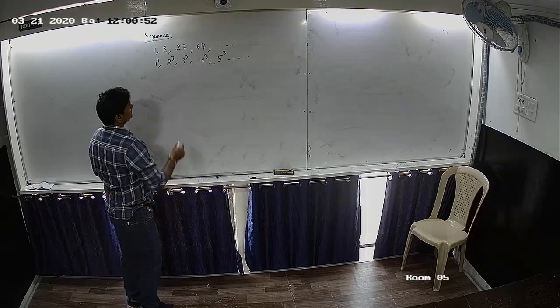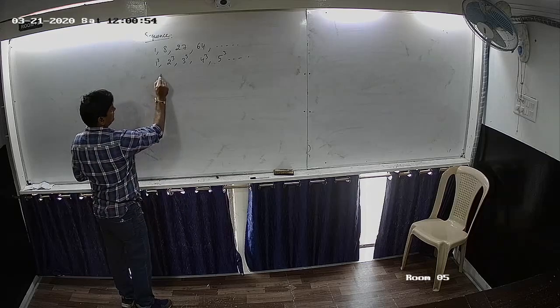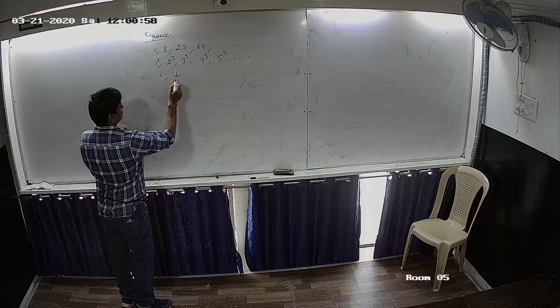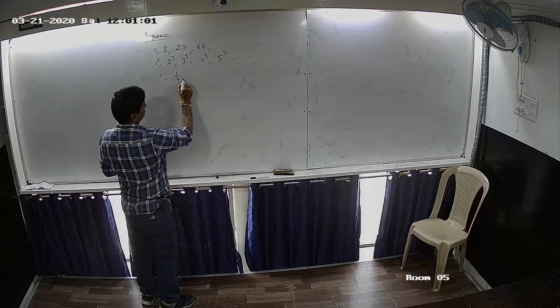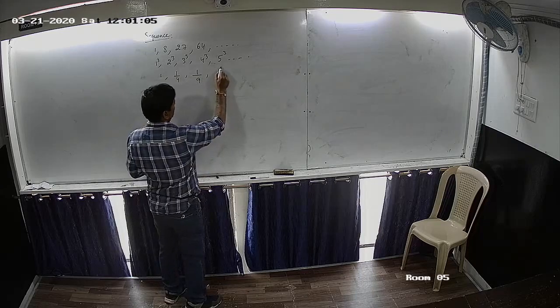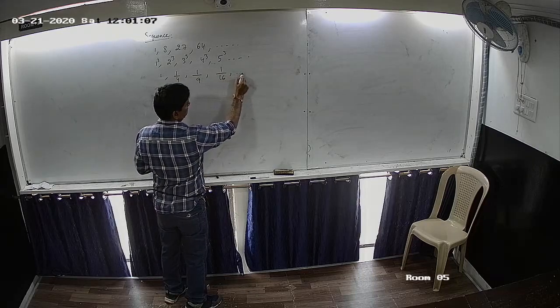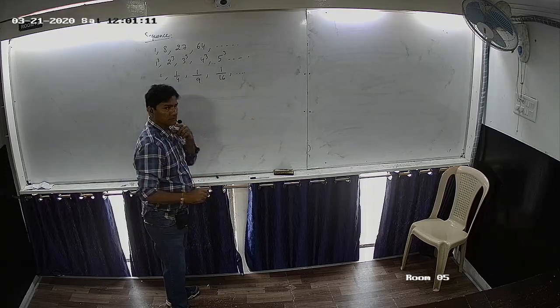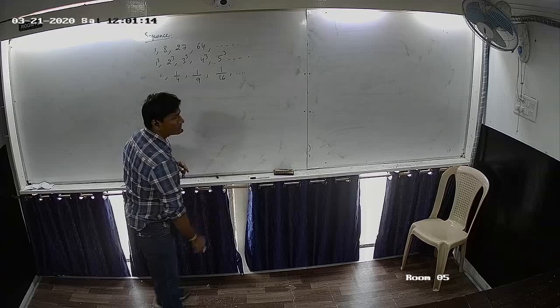In the same way, we can have another sequence: 1, 1 by 4, 1 by 9, 1 by 16. Now you can say what will be the next term? Yes, it will be 1 by 25.